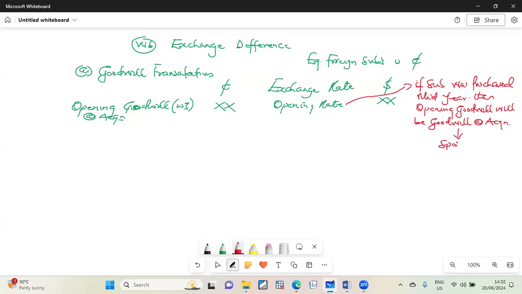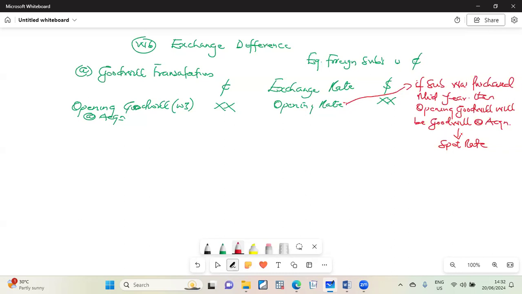You will use the spot rate instead of the average rate. Please take note of that. If it is acquired midyear, then it means that you need to use the spot rate. All right. So take note of that.